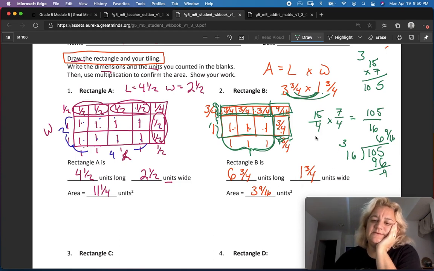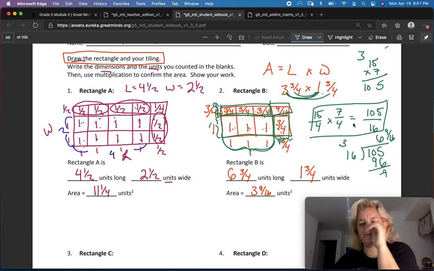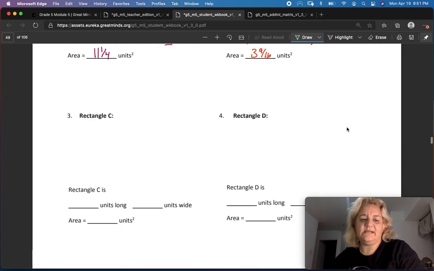Okay, so I don't know if you prefer this way or the distributive property. Up to you. All right, triangle C.